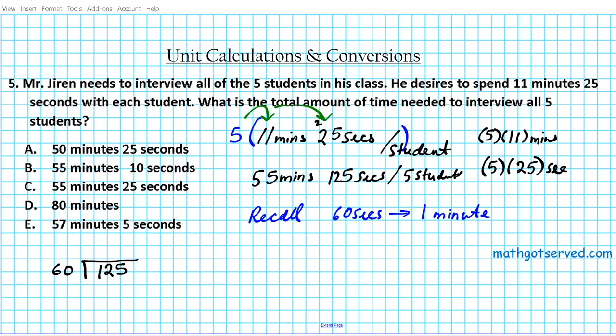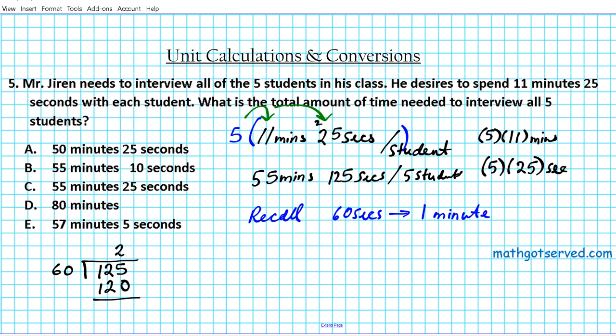All right. So we're looking at the 2 digits. Okay. So we look at 60 and 120. So if you think about your multiples of 60, 60 times 1 is 60, 60 times 2 is 120, and it goes on and on. How many times does 60 go into 125? So 60 goes into 125 2 times. 2 times 60 is 120.